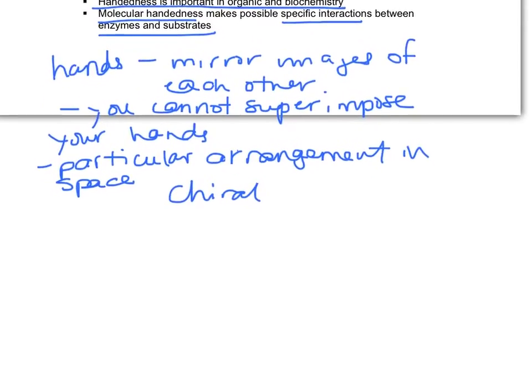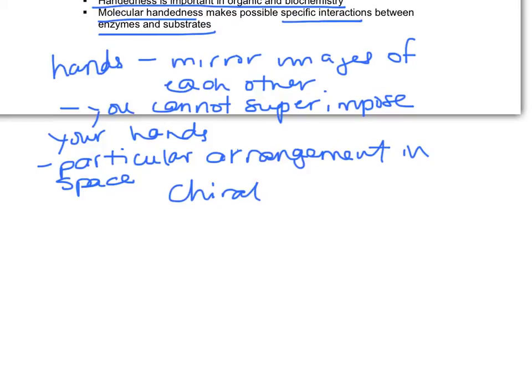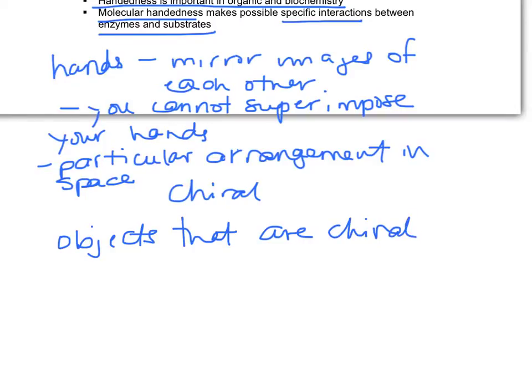And you can think about objects that are chiral. So for example, a ball is not chiral. Okay? A ball is achiral.